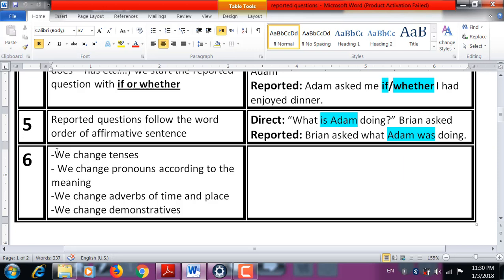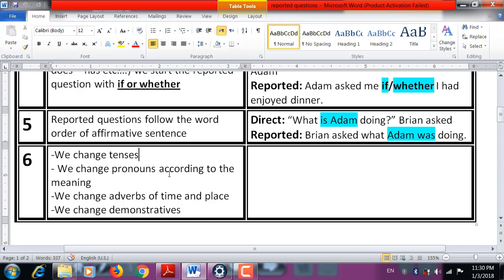Step number 6, we have to change the tenses, right? So this is why I asked you at the beginning of our video to watch the previous video about how to report a statement. We change the tenses like what we did in the reported statement. We change the present into past, present simple into past simple, present continuous into past continuous, and so on.